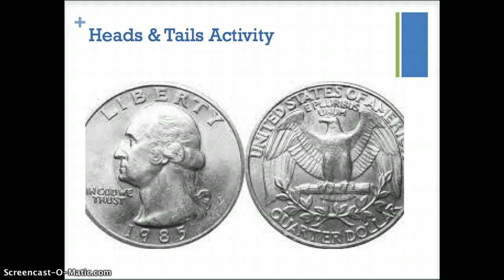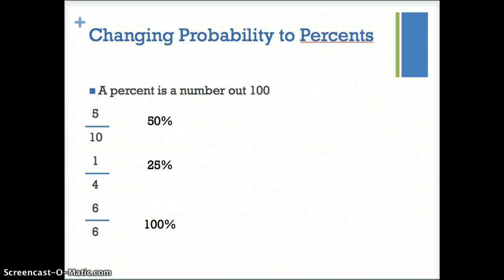And when you have certain probabilities, you have to change them to percents, because percent is really what a probability is. So as an example, if you had 5/10, you would make it 50/100, because a percent is something out of 100. So that would be 50%.